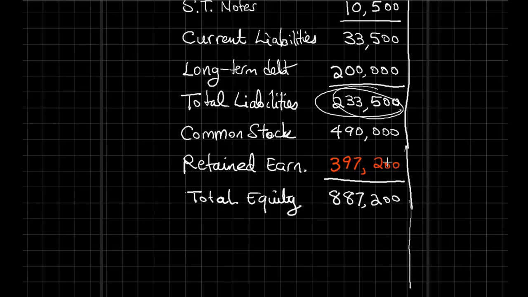So let's confirm that our calculation is correct. Common stock plus retained earnings will give us total equity in the amount of $887,200, and that pretty much does the trick.